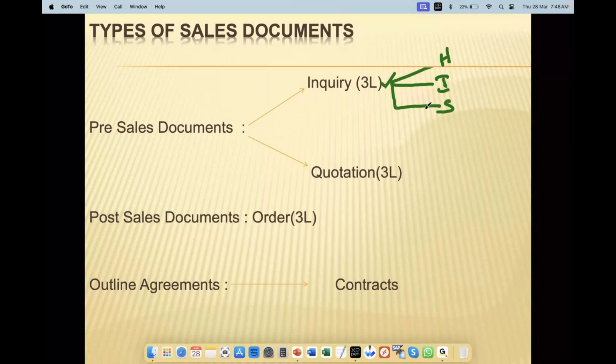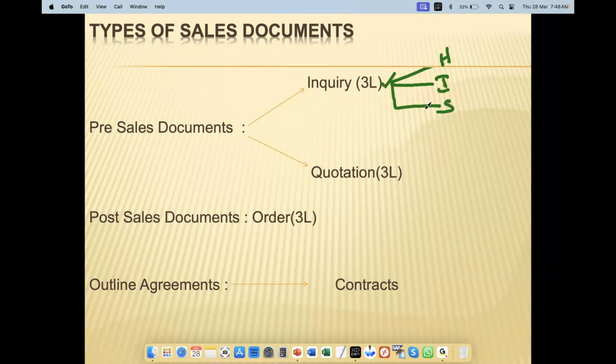It is customized at three levels: header, item, and scheduling. So inquiry is the document type which is the very base first transaction, which presents the product availability, which presents the product pricing, and which is a transaction.